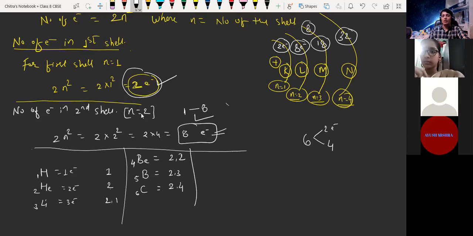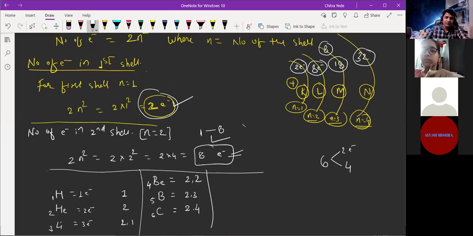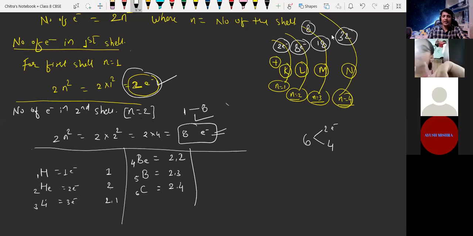Now the next question is for the new student. What is the name? Krishnaditya. You have to write the electronic configuration of nitrogen. It has atomic number 7. 2 and 5, sir.